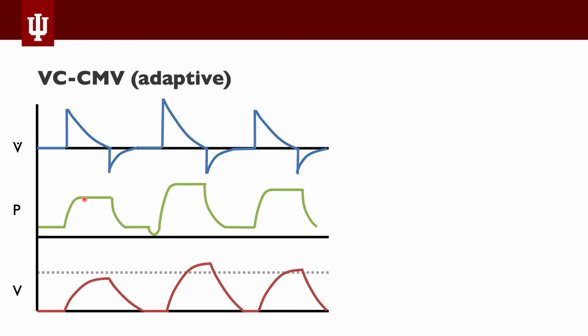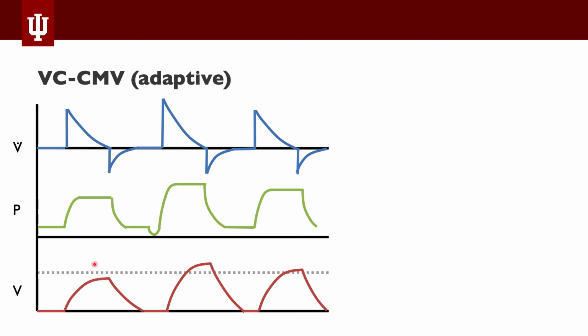So what's going on here is this is at its root a pressure control mode, but we're going back and taking, say, a moving average of the last 3 or 4 breaths, and we're trying to figure out how much pressure to give the patient based on that moving average of the last several breaths.